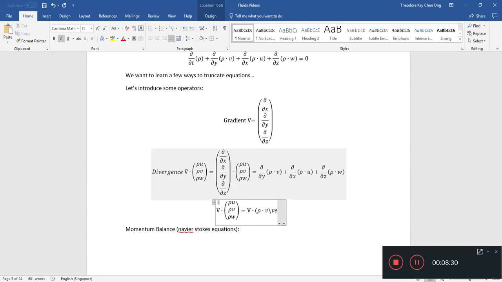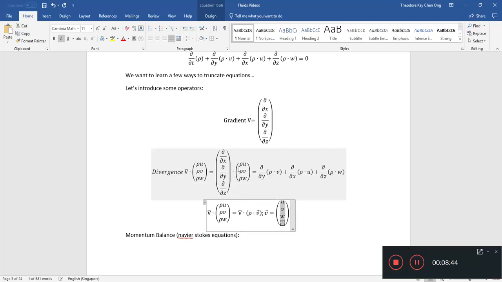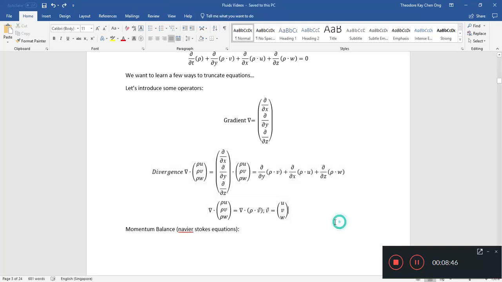So this v, which I use the vector notation, v vec equals u. Then I need to have a v and a w. So now I've used the vector notation to make this thing even shorter.